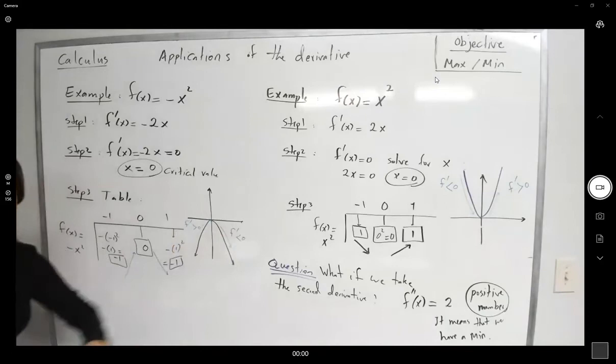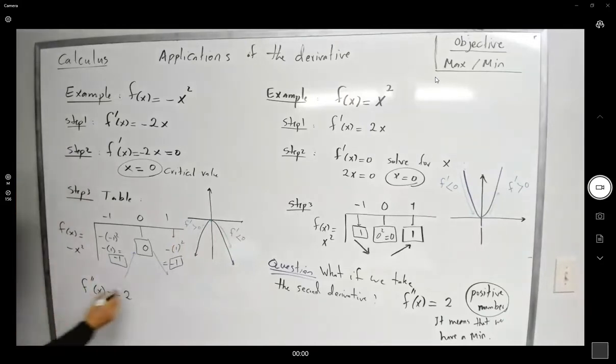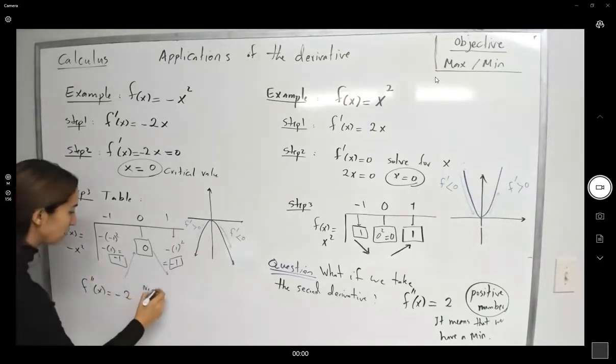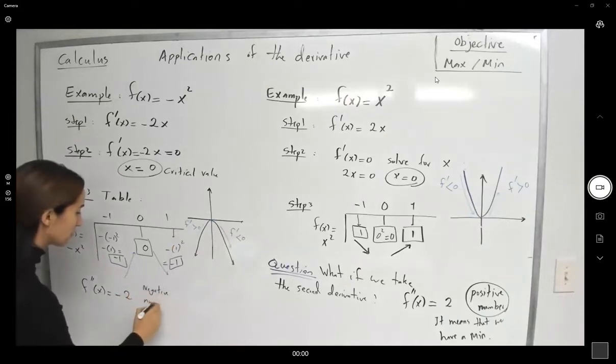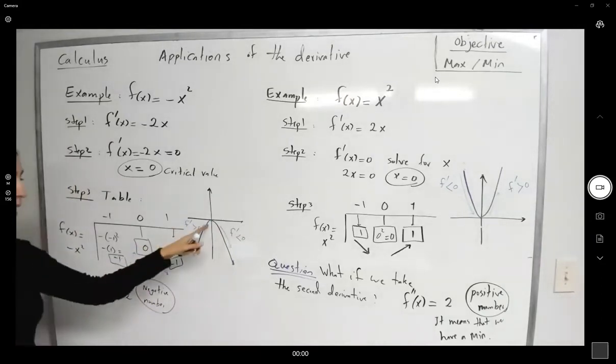And again, the question, what if we take the second derivative of this function? The second derivative of this function is equal to -2, a negative number. So whenever you take the second derivative of the function and it is a negative number, it means that for sure your function has a maximum.